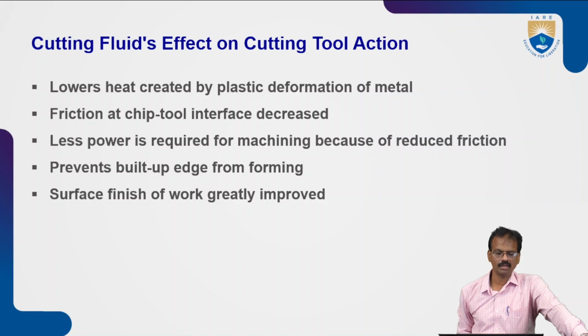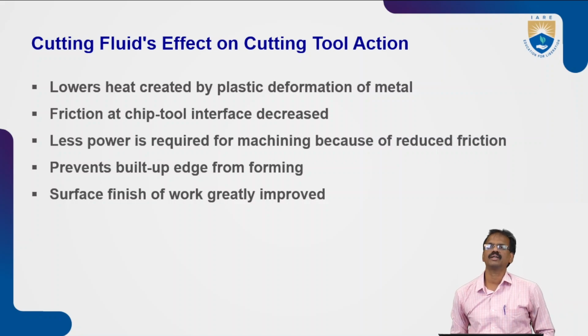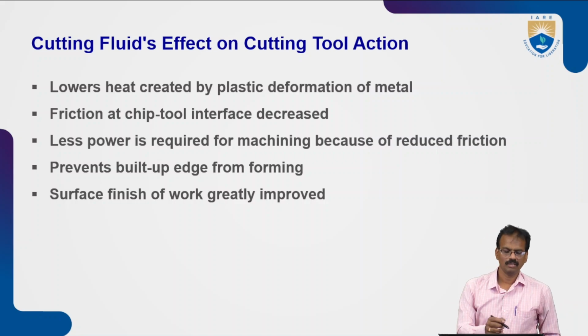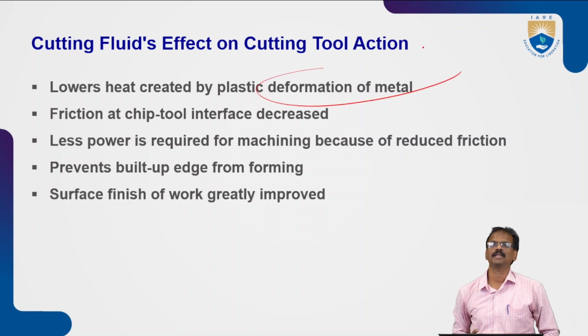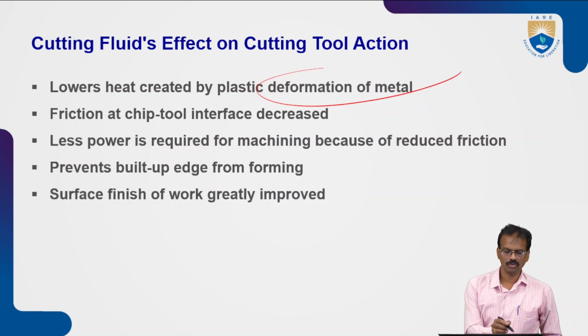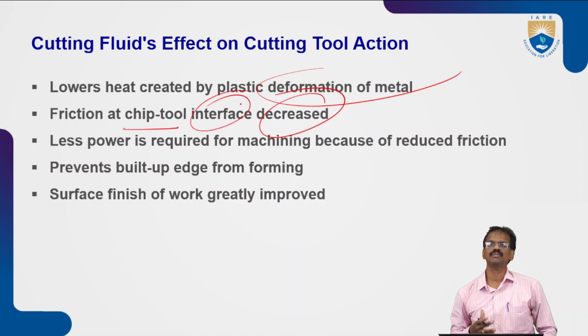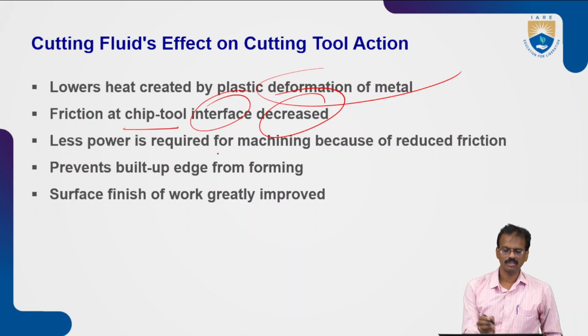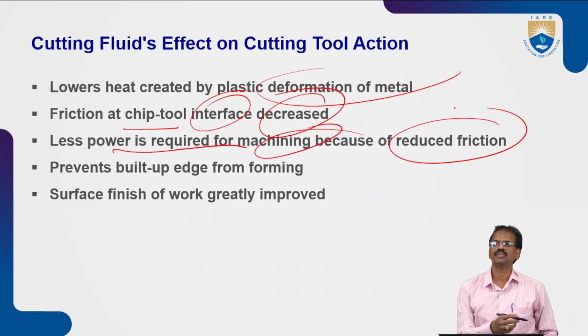So this is the cutting fluids' effect on the cutting tool action. Lower heat is created by plastic deformation of the metal. Friction at the tool and chip interface will be decreased by applying the cutting fluids. Less power is required for machining because of the reduced friction.